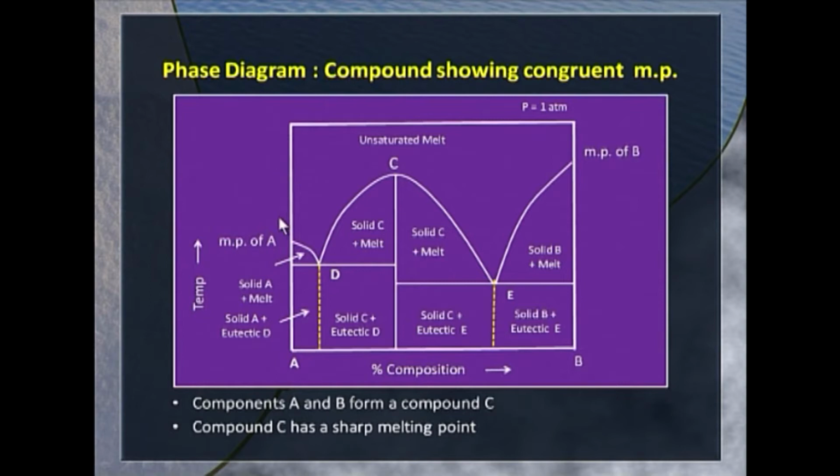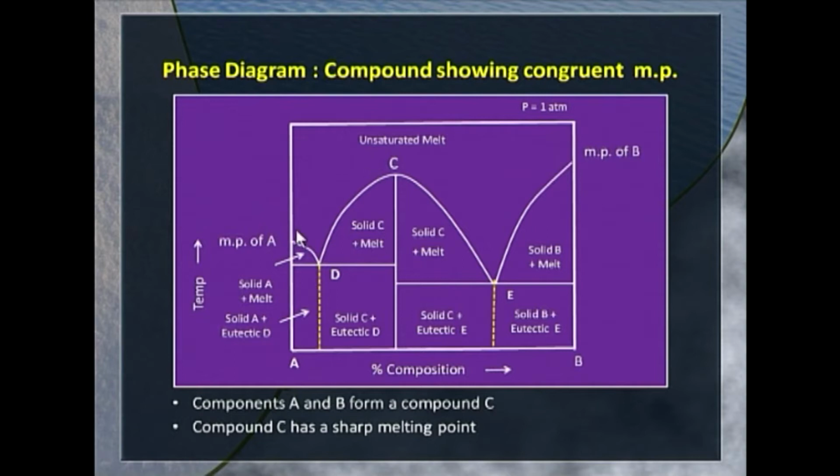If you look at the diagram and recall what you have seen in the case of simple eutectic systems, the point on the line corresponding to 100% A, that is pure A, gives us the melting point of component A, and similarly this gives you the melting point of component B. Compared to that, compound C that is formed between A and B also has a quite high melting point.